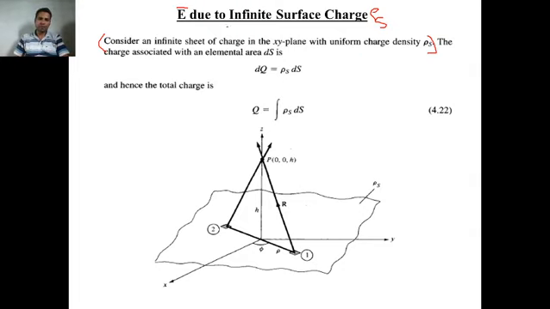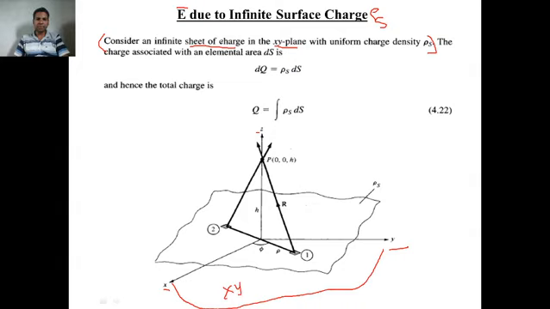So, we make an assumption: assume that the infinite surface charge is given in the xy plane. Suppose this is x axis, this is y axis and this is z axis, then where is the xy plane? The plane between x axis and y axis is called the xy plane.